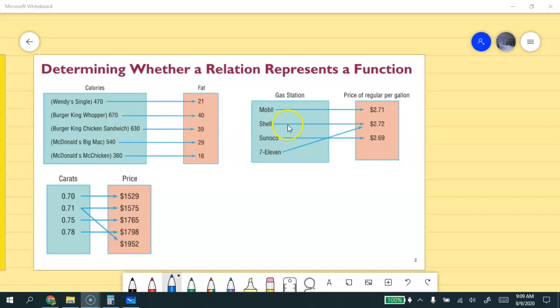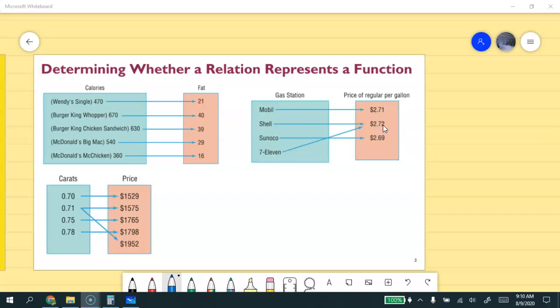Now, it gets a little bit more interesting when you are talking about multiple arrows or arrows that cross over into other ranges. For instance, here you have the gas station, and here is the price of regular per gallon, so regular gas. You'll notice that 7-Eleven and Shell both charge the same amount of money for the price of regular per gallon.